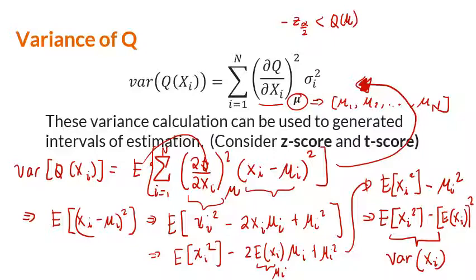Okay, q sub mu minus, let's say, your estimator, q hat as a function of your estimators. So let's say lagyan lang natin ng x hat all over yung variance mo, var of q all over sum n, parang ganyan, is less than z alpha over 2.